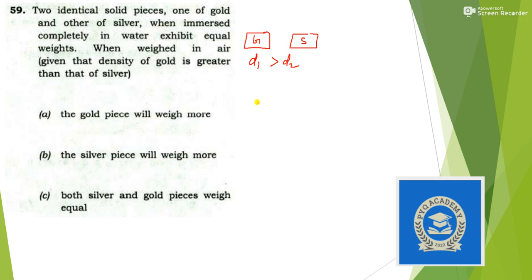I solved this question using some basic concepts. Although the explanation can be different, I found this one to solve the question. We know that density is equal to mass by volume, so d1 equals m1 by v1. Similarly, d2 equals m2 by v2.